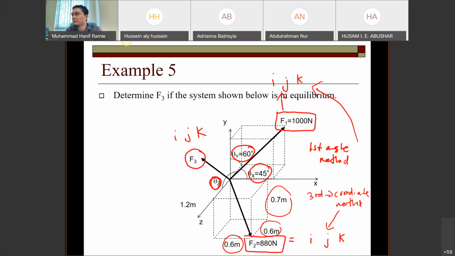Please do it now. Are you doing it right now? So the first one, you have to find the theta z. How much for the theta z?